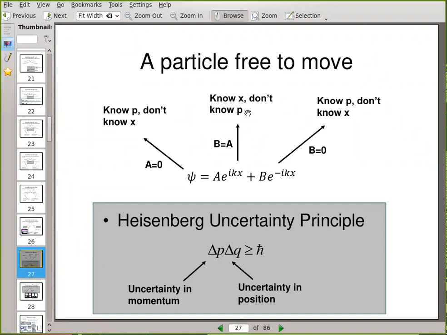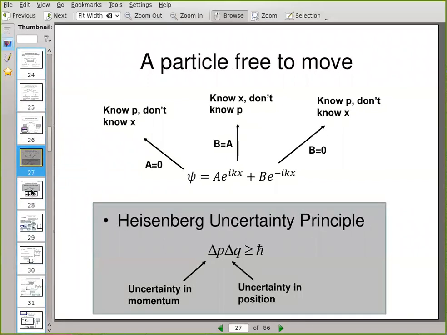And there's a third case where you know the position, but you don't know the momentum. And that's led us to the Heisenberg uncertainty principle, where you can't determine two properties to perfect accuracy at the same time. There has to be some uncertainty in one as the accuracy of the other increases.